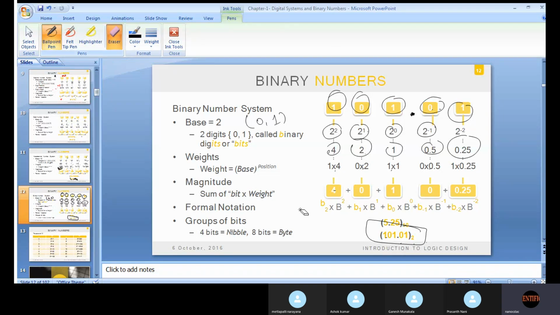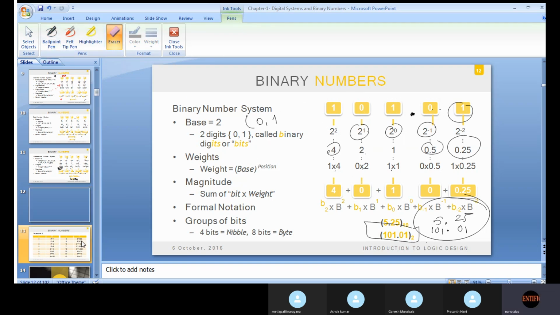In base 10, it is 5.25. So 4 plus 0 plus 1 is 5, and 0 plus 0.25 is 0.25. 5 in binary representation is 101, and 0.25 is 0.01. So this is about binary.